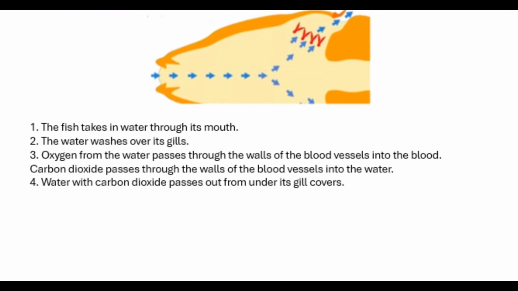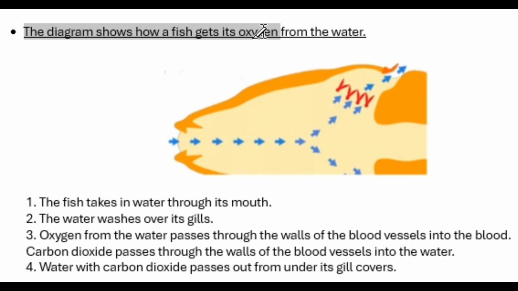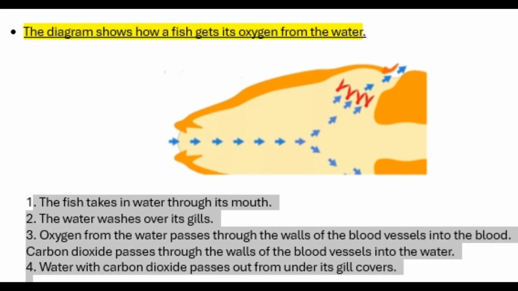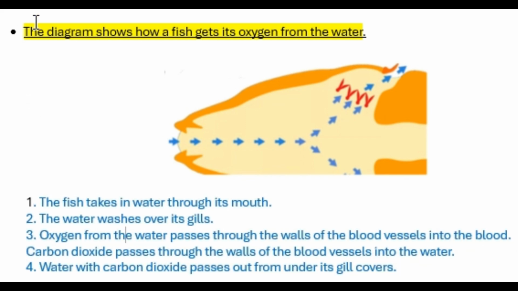The diagram shows how a fish gets its oxygen from the water. 1. The fish takes in water through its mouth. 2. The water washes over its gills. 3.